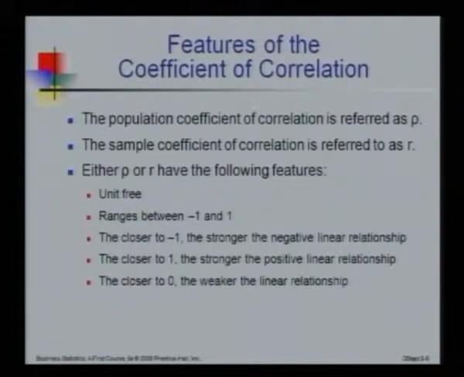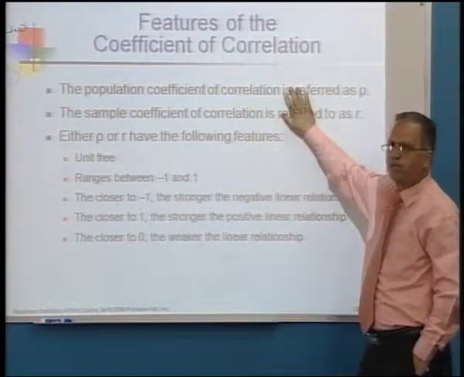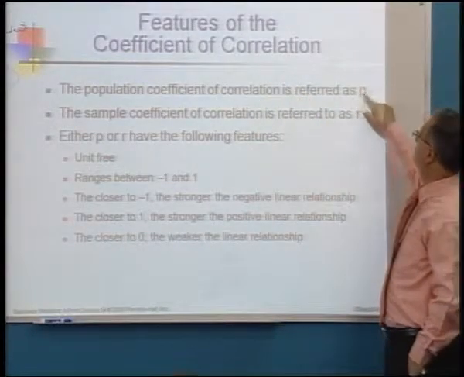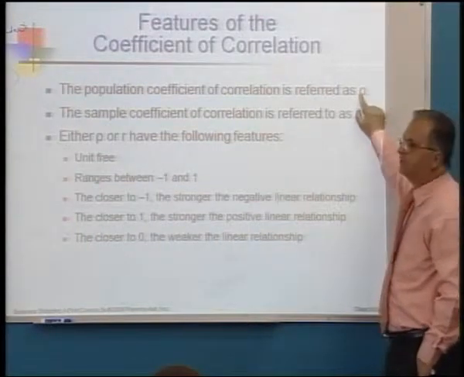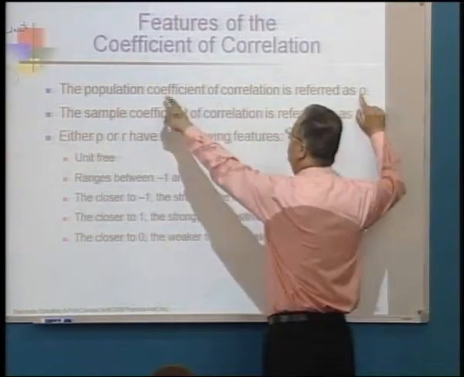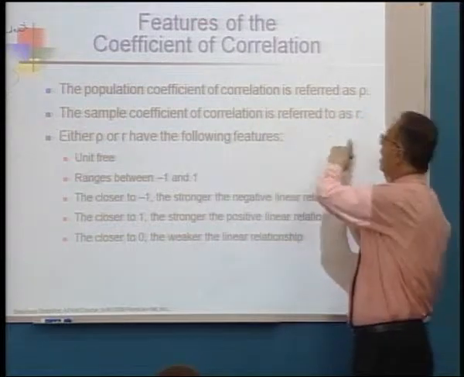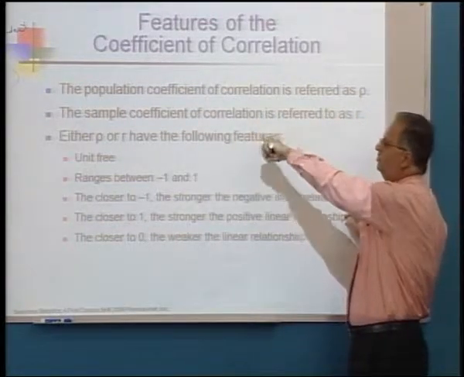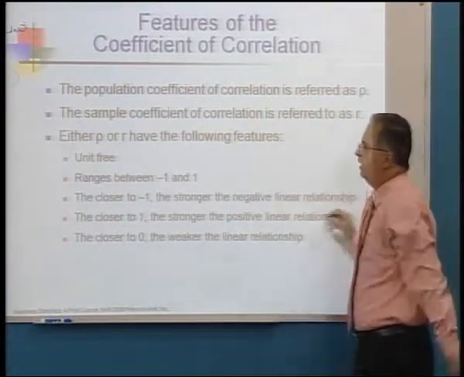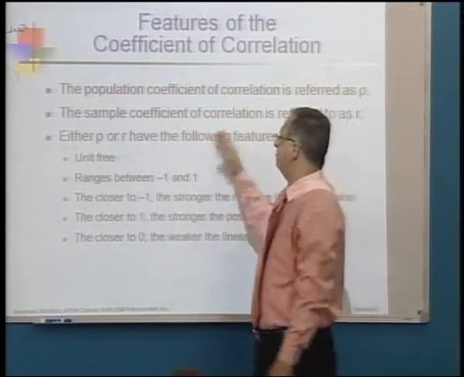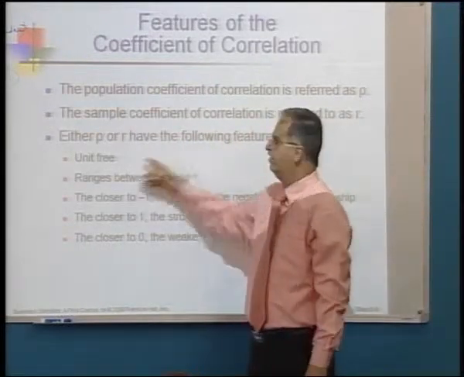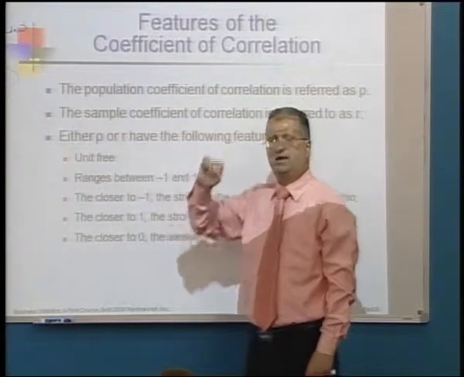Some features about the coefficient of correlation. Here, rho is the population coefficient of correlation, and R is the sample coefficient of correlation. Either rho or R have the following features. Number one, unity free. It means R has no units.